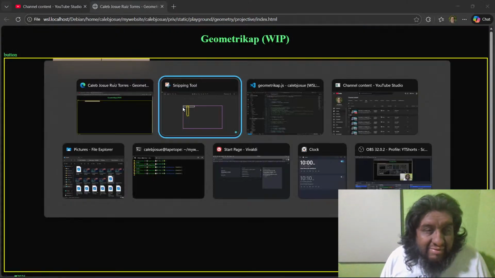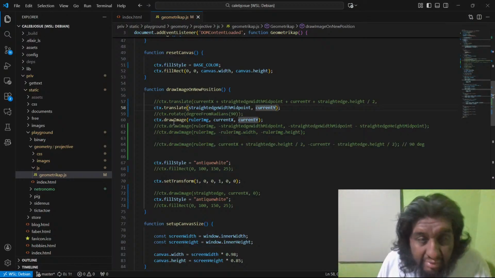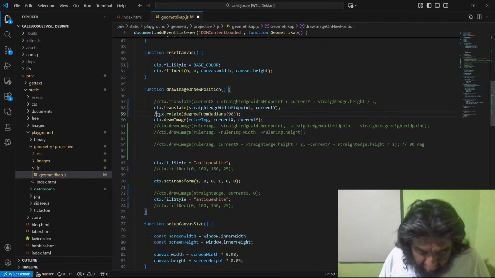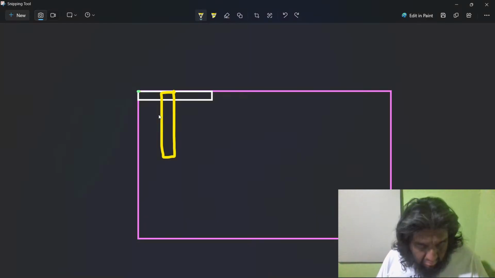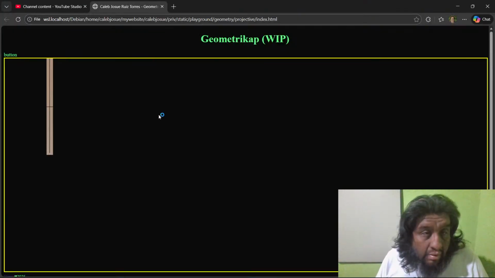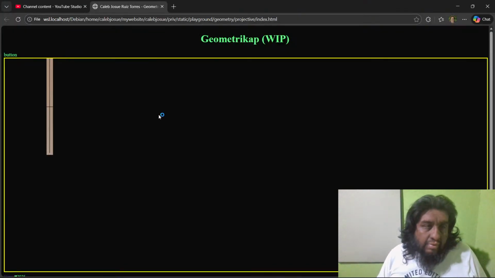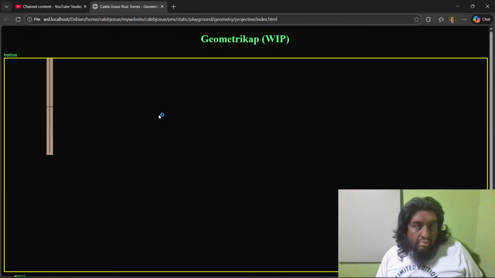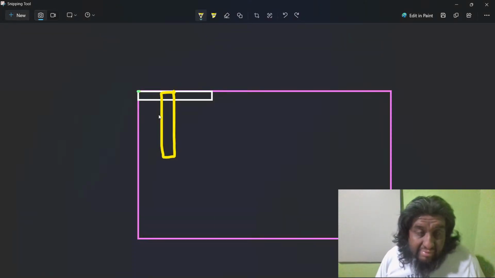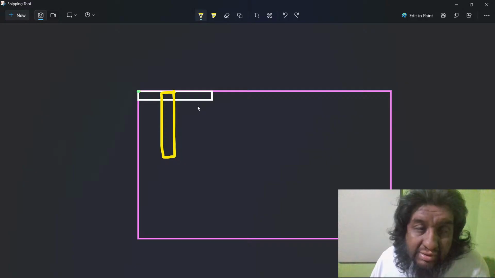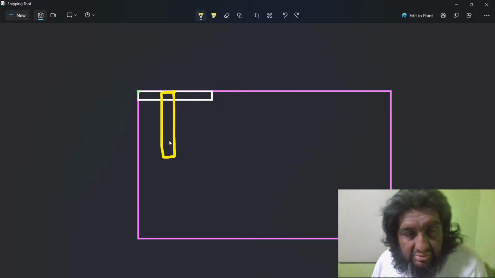Well, we say that we are going to rotate. Okay, and this is where we got. So this got erased, the white rectangle, and we have this.